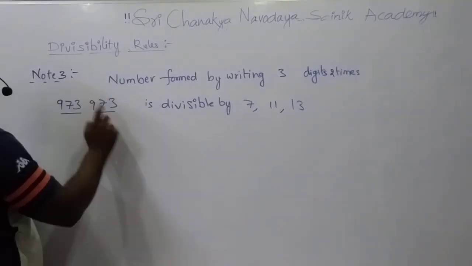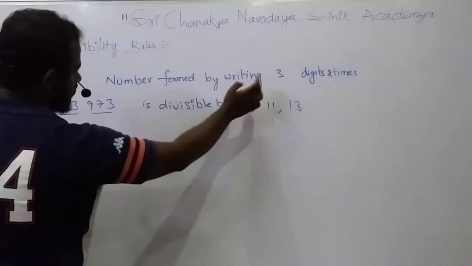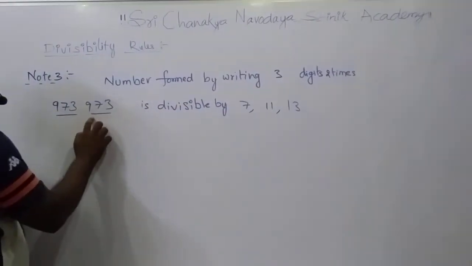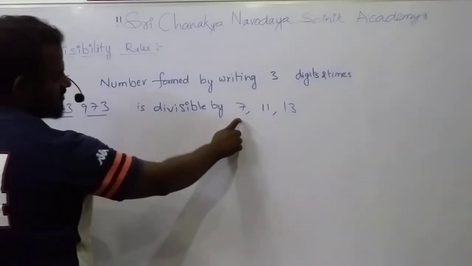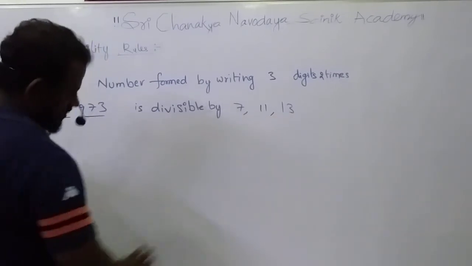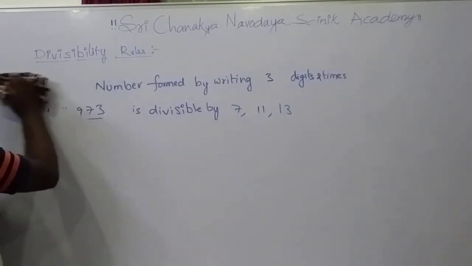So if I write a number using 3 digits repeated 2 times, these numbers are divisible by 7, 11, 13. These are the 3 important notes in divisibility rules.